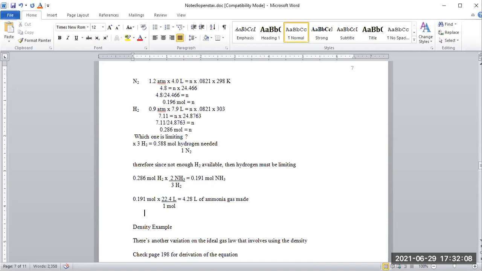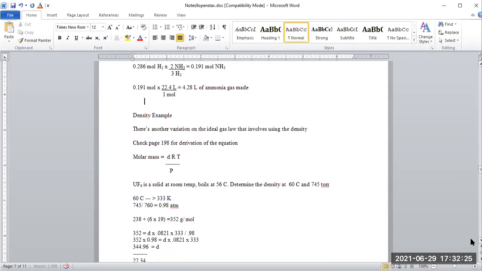All right, so stoichiometry with gases. We can twist and manipulate the ideal gas law and use it to find densities. If you want to go back and look at their derivation, it is in the textbook. I'm not going to go through how you derive the equation. Take it on faith.